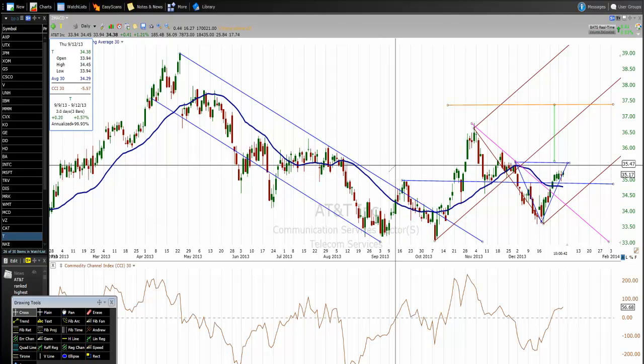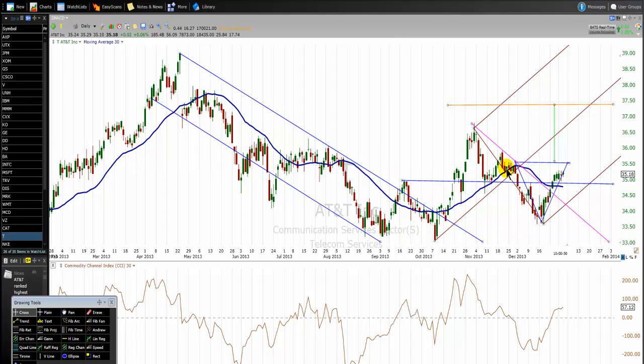Up to the level of 35.47, be careful, because there's another resistance at 35.47. Now I want to draw your attention to this moving average, the simple moving average 30. You can see that this moving average 30 was a resistance here, because as the price went below it, it retested with a green candle on the daily chart and then went down.